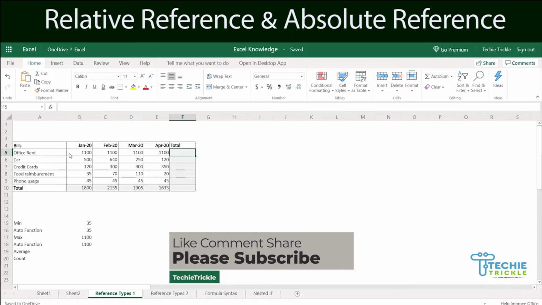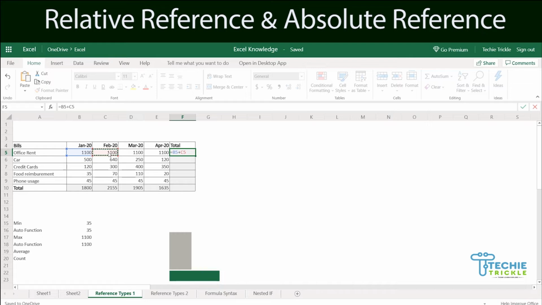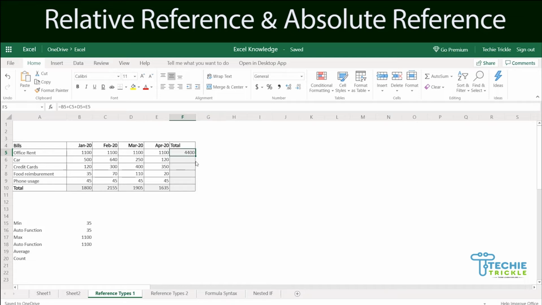Similarly, if I want the total for office, you need to have equal to B5 plus C5 plus D5 plus E5, right? So you get that 4400. And what was this? In the same row you are moving the columns, right?